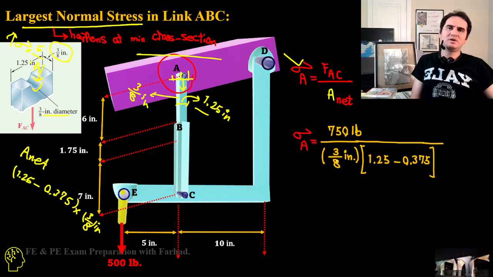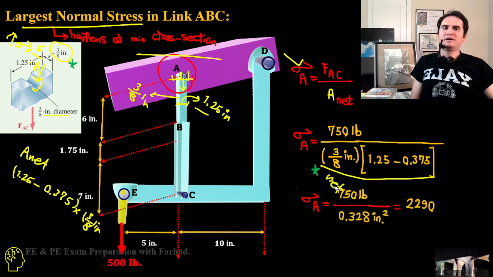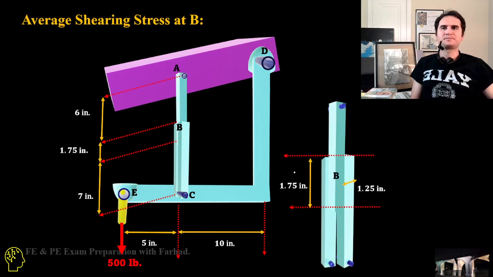With the force of AC, 750, over the net cross-sectional area, it gives us 222.19 psi, or 0.2 ksi, for the maximum normal stress. It happens at the minimum cross-sectional area, which occurs at the top part of the link, because the diameter of the pin is larger at the top.